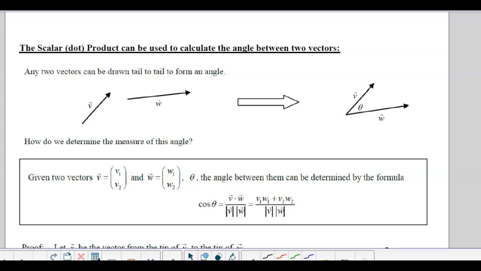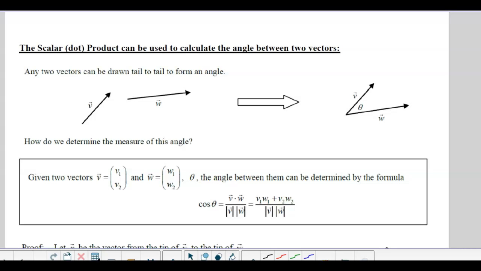So to summarize the formula here and calculate the angle between the vectors, we'll rearrange. Basically, if we want any two vectors tail to tail, that's what it looks like. That's the angle in between.